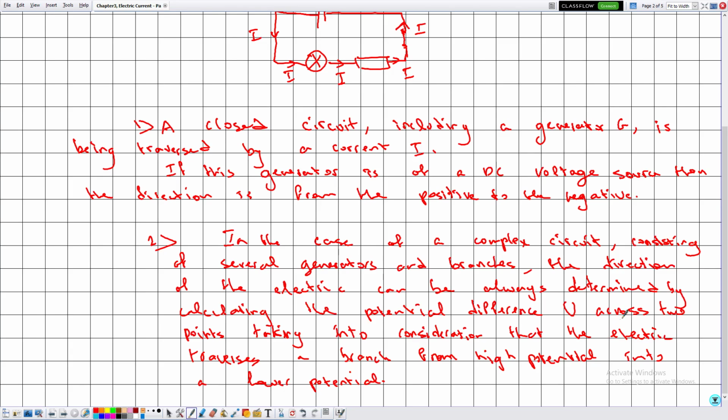So suppose in this case we have a branch AB.